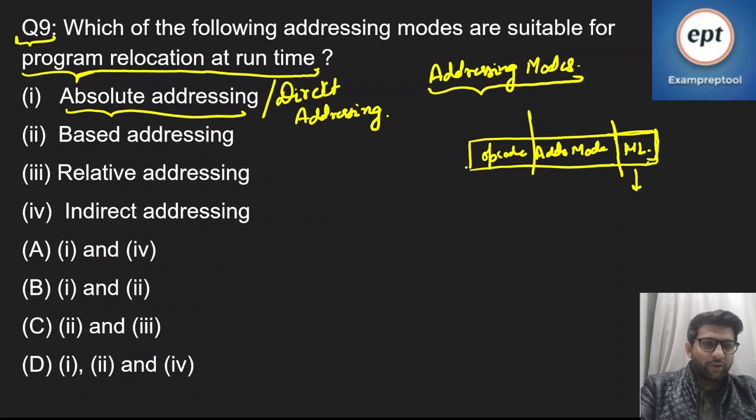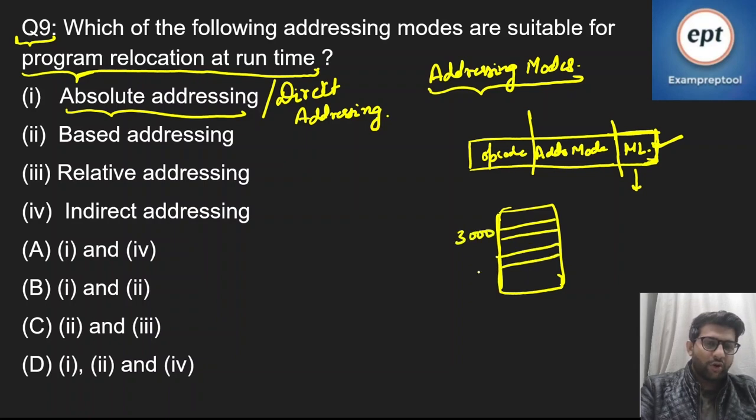Now if we want to relocate this program, we will have to change these memory location values. Let's say this instruction is stored at memory location 3000, and the operand is stored at memory location 6000.